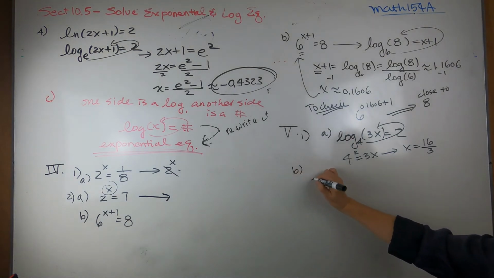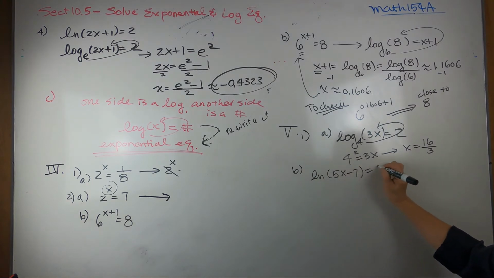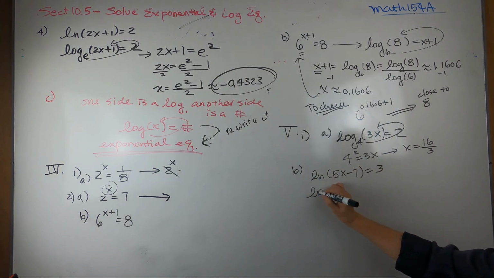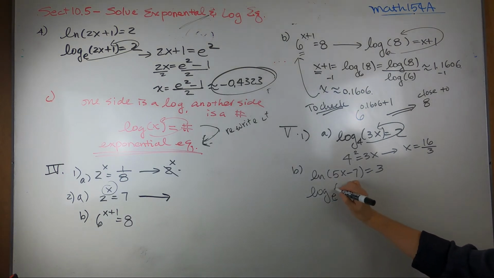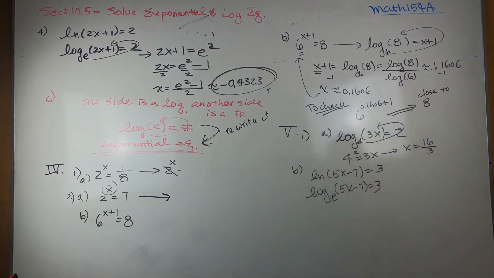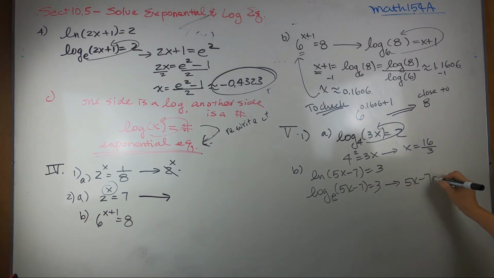Then if it's a natural log, same thing, that's a simple, basic one. You will write log base e of 5x minus 7 equals 3, right? Then single log, you rewrite it as an exponential equation. 5x minus 7 is e to the third power.